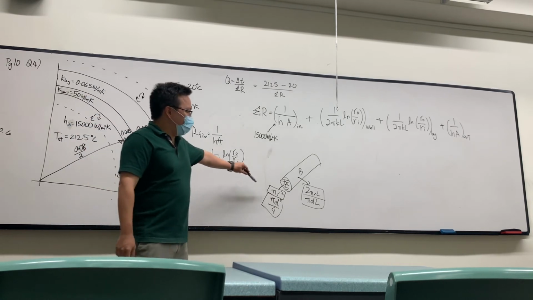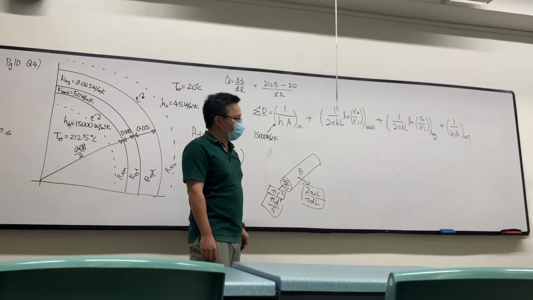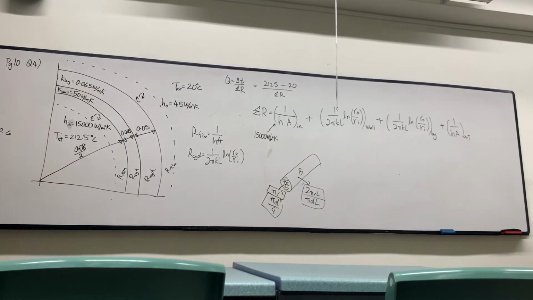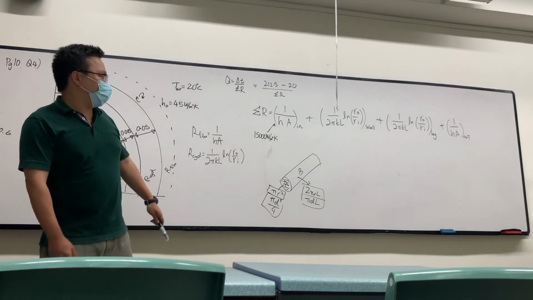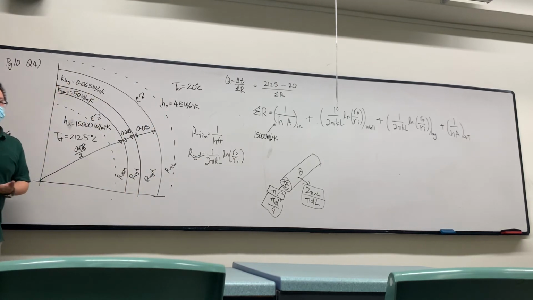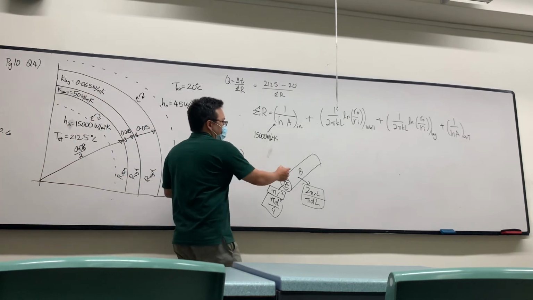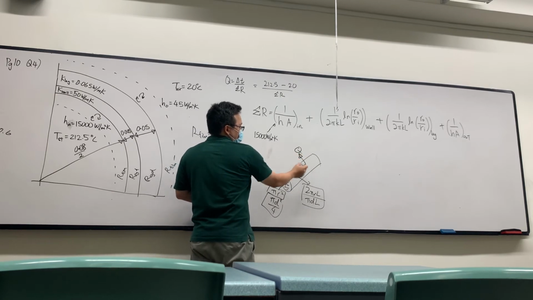You can choose which one you want, depending on the scenario. In this case, obviously using R is easier because you are using everything in R. So you make use of what you have. If you are dealing with diameter, then you use D. Critical thing here: heat transfer is through B. Please focus on this.